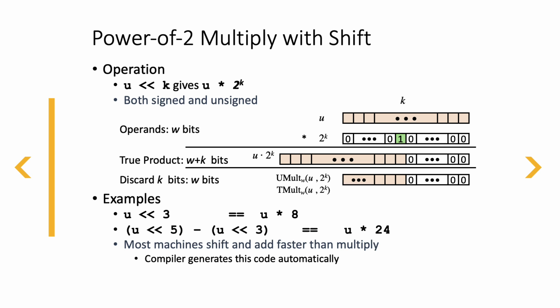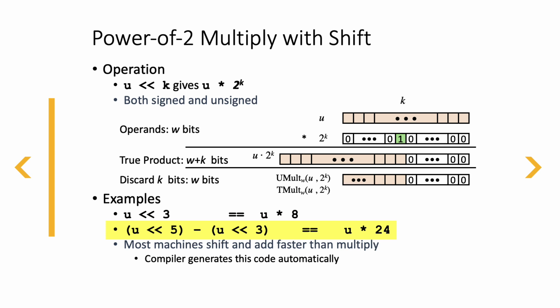So I can do u left shifted by 5, right? That's going to give me 2 to the 5th, 32, minus u left shifted by 3, which is u times 8, right? So 32u minus 8u ends up being 24u.